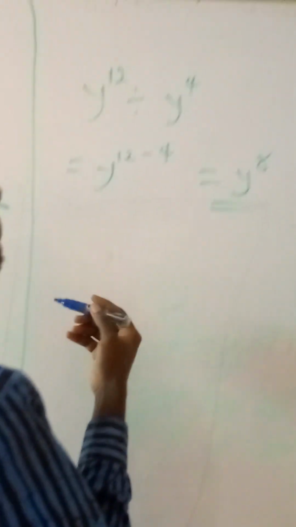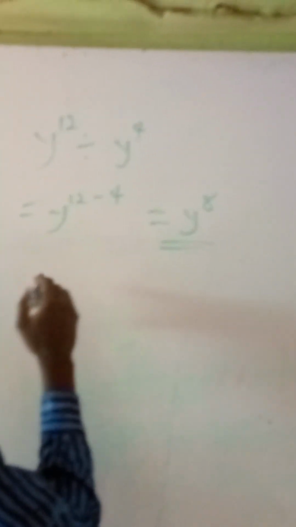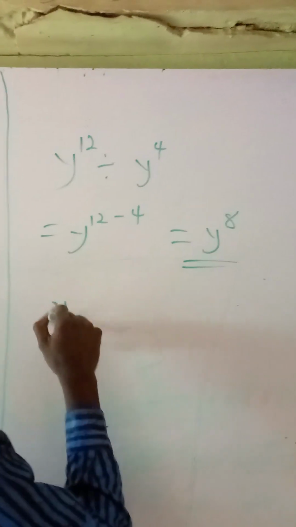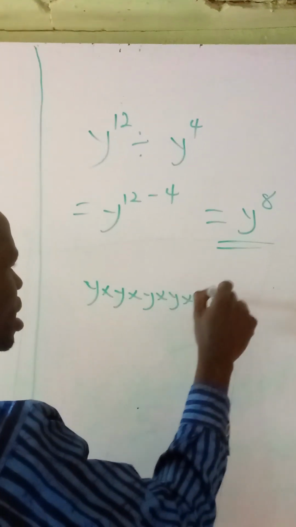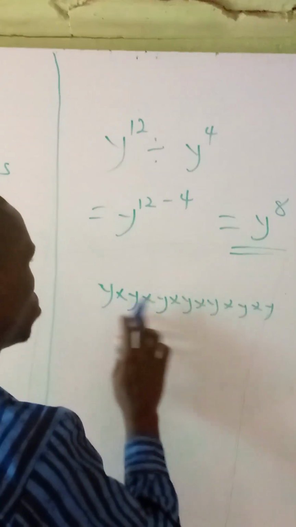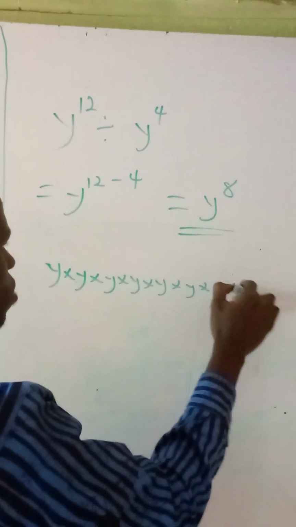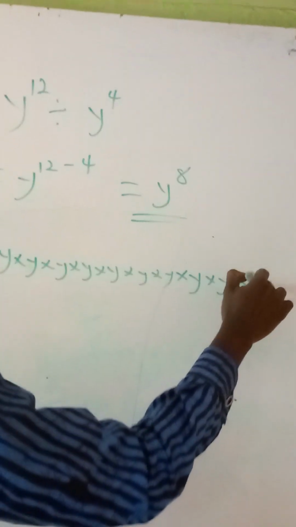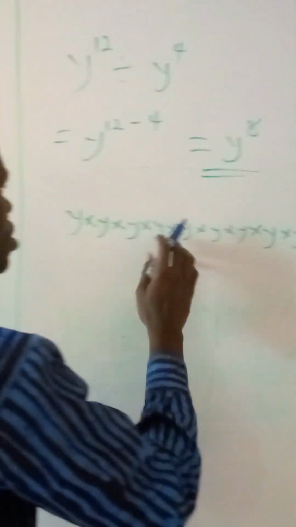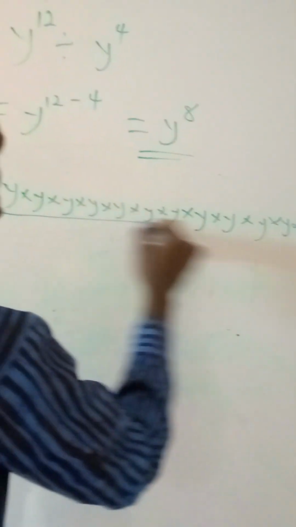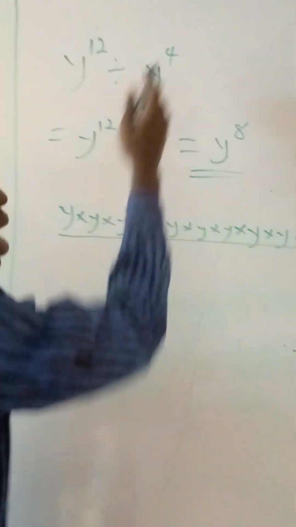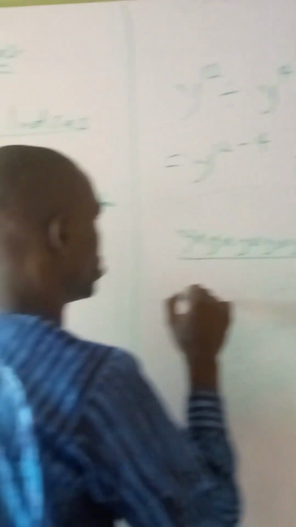Likewise, let's confirm what we just did using the normal procedure. That will be y times y times y times y times y times y times y, 1, 2, 3, 4, 5, 6, 7, times y times y times y, 1, 2, 3, 4, 5, 6, 7, 8, 9, 10, times y times y, divided by y four times.